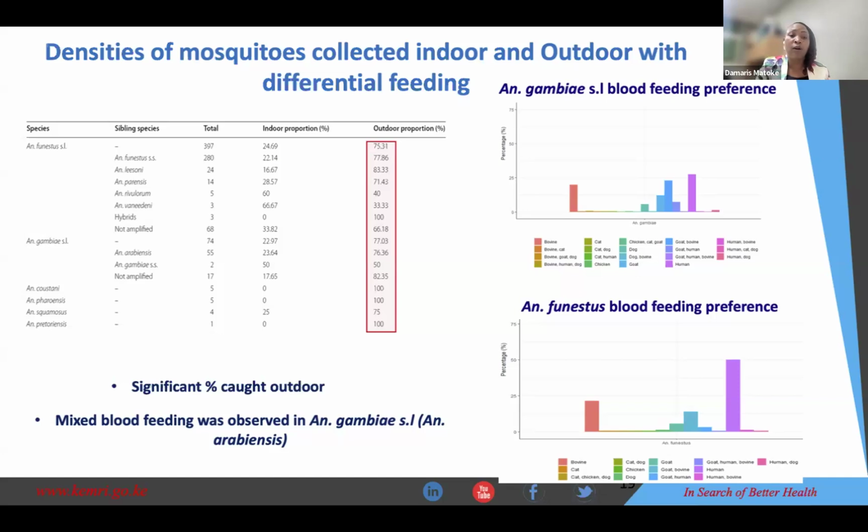The data is combined for arabiensis and Anopheles gambiae. When we come to stephensi, we also noted a very high feeding on humans, and also very high feeding on cows, the bovines. We also detected mixed blood meals, and this was mainly in Anopheles arabiensis.